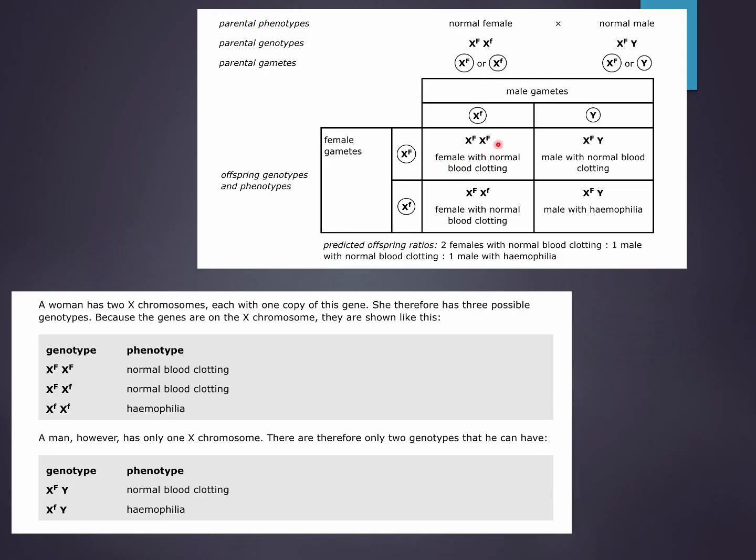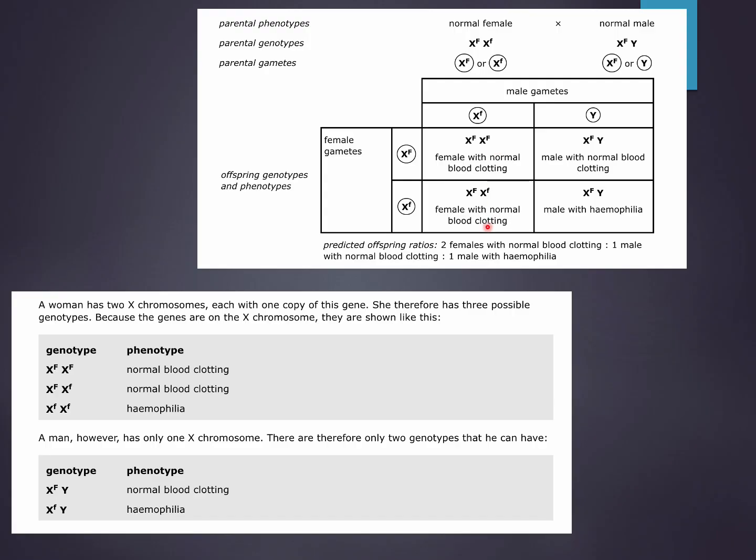For this first possibility, you have a female that's produced. In this case, this is going to be a female with normal blood clotting and not a carrier at all because they're carrying both capital F, so both of the traits for normal blood clotting.